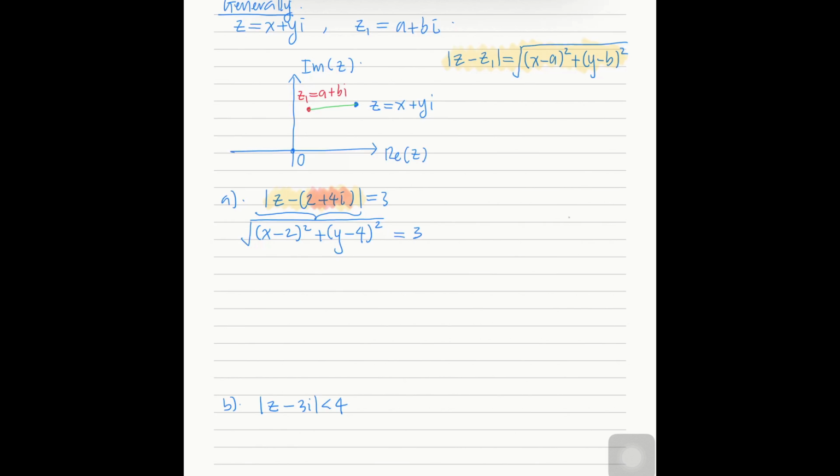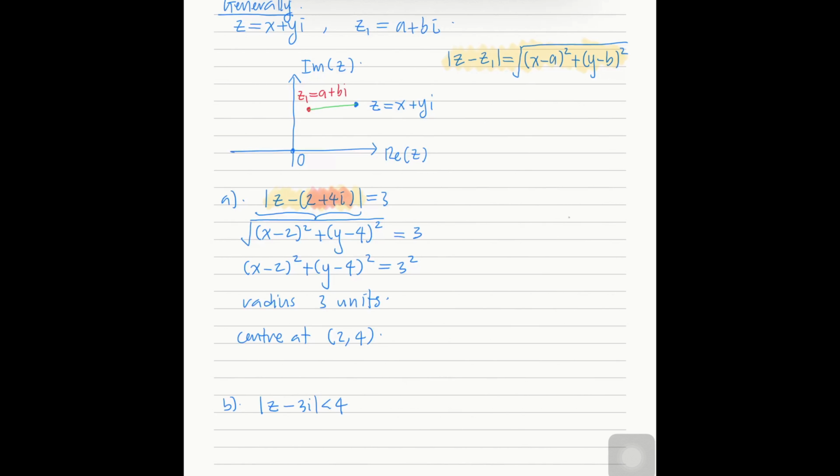If we square both sides, we will get the circle equation: (x minus 2) square plus (y minus 4) square equal to 3 square. This circle has a radius of 3 units and center at coordinate (2, 4).